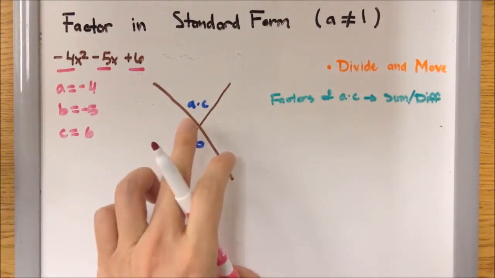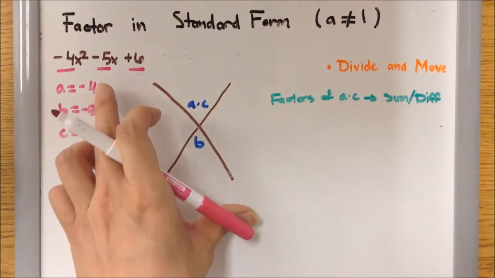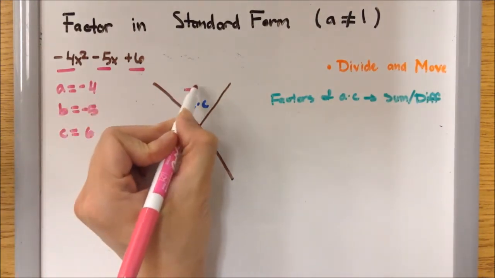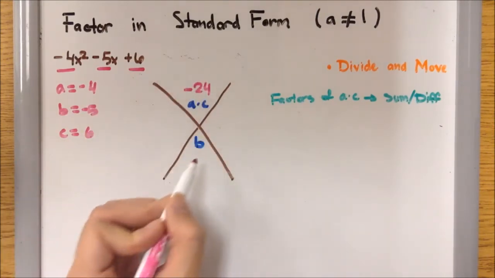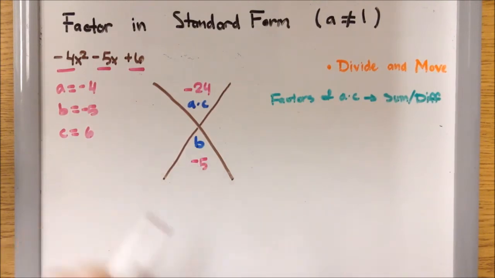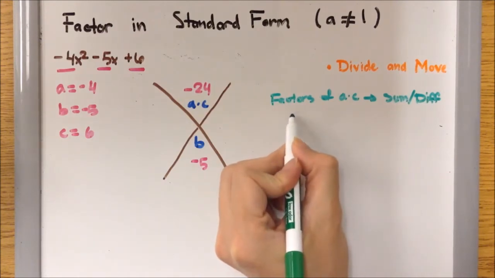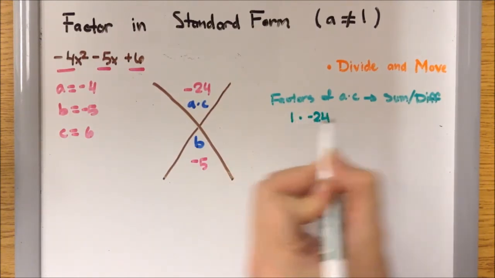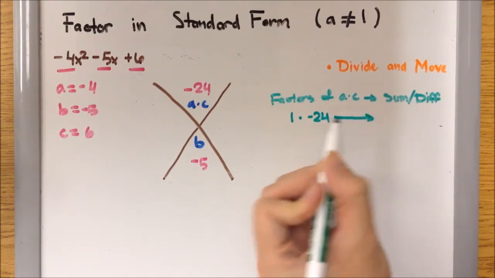So in the top, A times C, so negative 4 times 6 will be negative 24, and then our B value will be negative 5. Alright, let's find factors of A times C. So factors of negative 24, we could do positive 1 times negative 24.